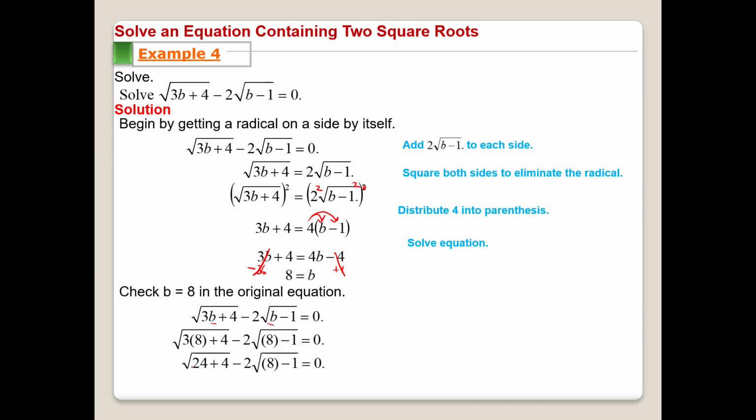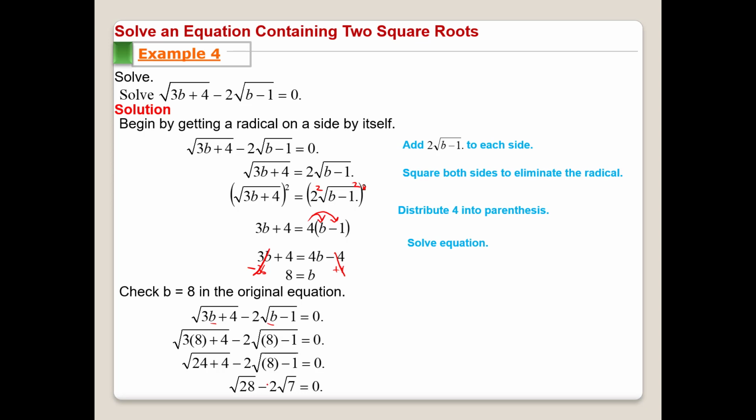So over here we get 24 plus 4 minus 2 times the square root of 8 minus 1, which should give us 7 over there. We have square root of 28 minus 2 times square root of 7 equals 0.